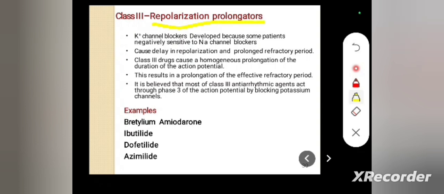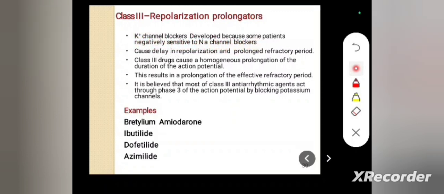So these mainly act on the potassium channel and block the potassium channel, because the patient is negatively sensitive to the sodium channel blockers.